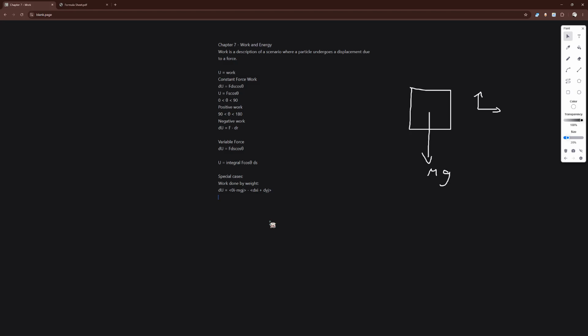So that results in dU equal to negative mg dy, right? Which means it's equal to negative mg delta y, because it's the change. And this is for U, so when you integrate both sides, you get U is equal to this, negative mg delta y.